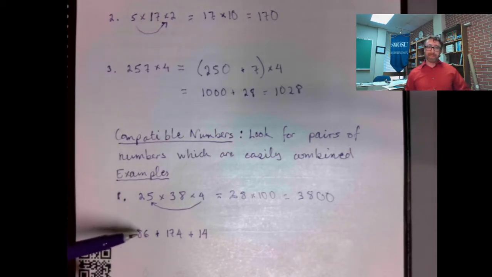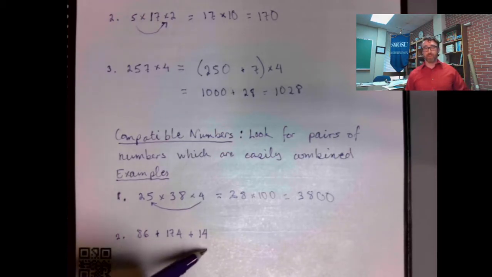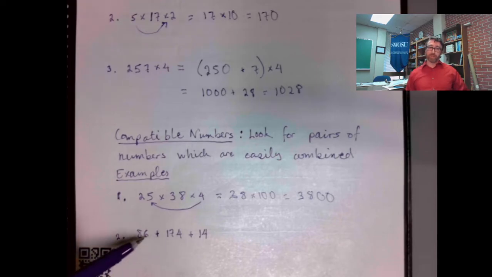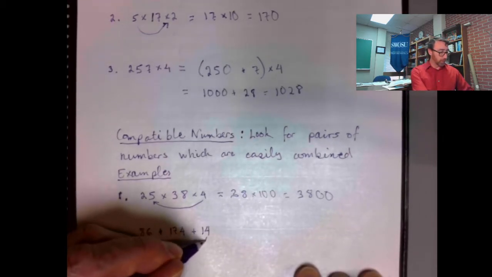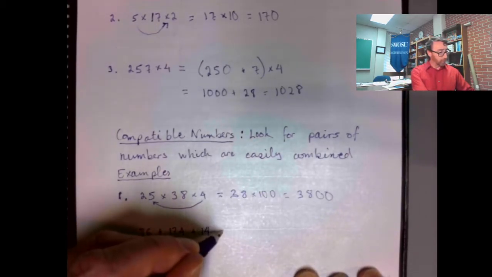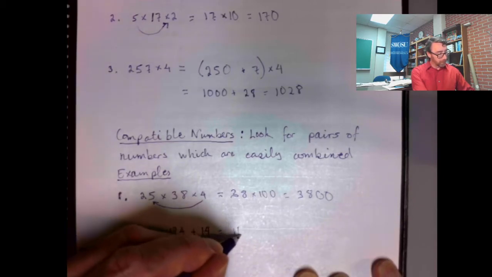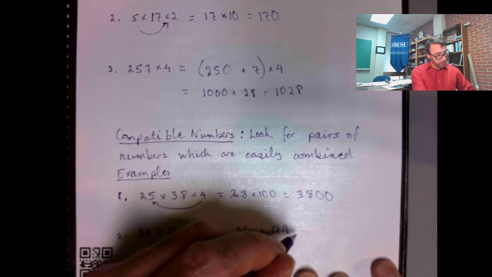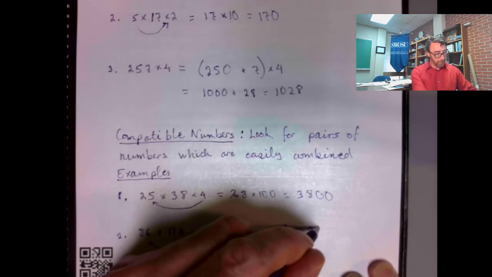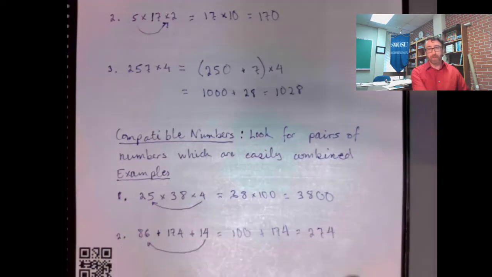Down here, 86 plus 174 plus 14. If we notice that the 86 and the 14 combine together to give us 100, we know we should do a rearrangement and add those two first. So effective use of rearrangement is predicated upon being able to use compatible numbers.